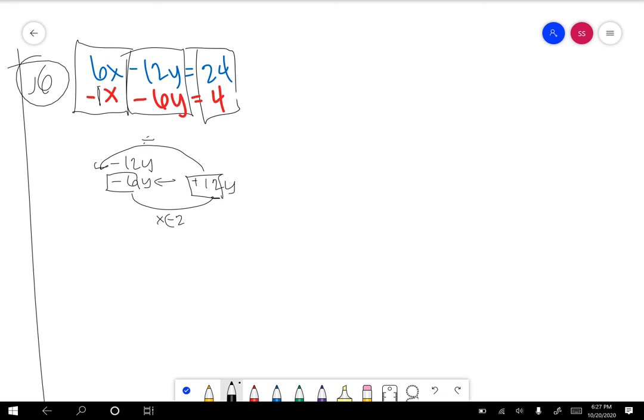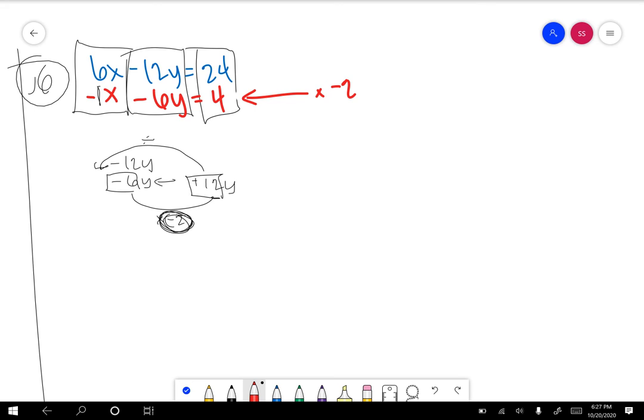So if we multiply by a negative 2, we would get positive 12, which is opposite of negative 12. So since we now know the constant we need to multiply by, we have to multiply the entire equation. This entire equation, we need to multiply it by negative 2.